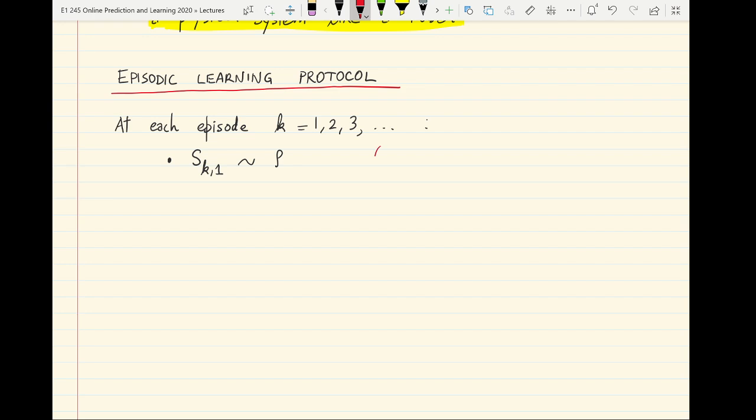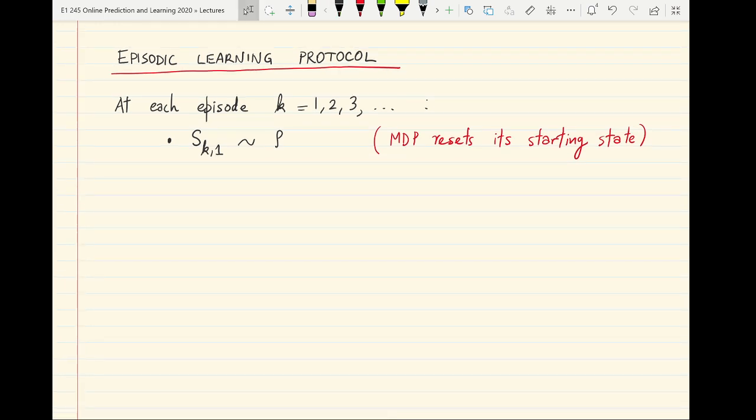Okay, so informally, the MDP resets its starting state, followed by this, at each round within the episode or time step within this episode, where time steps range from within the finite horizon 1 through H.